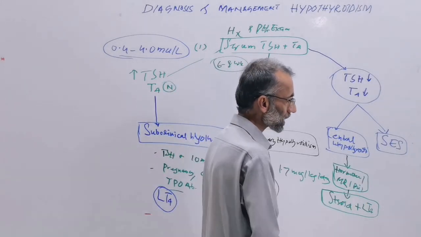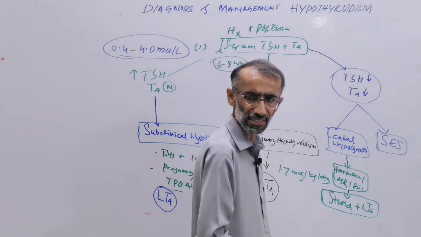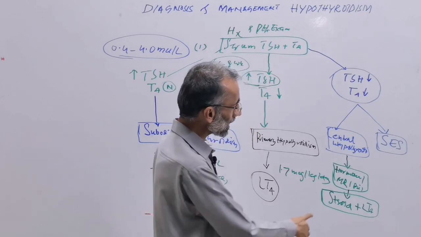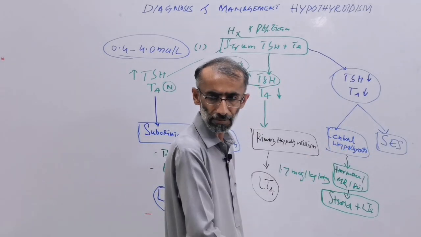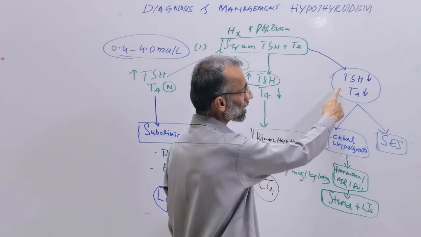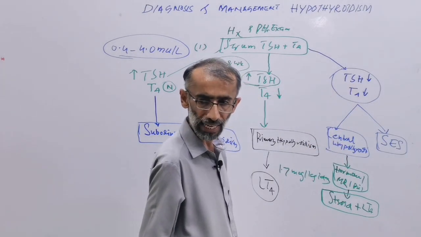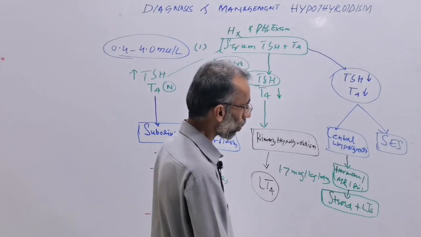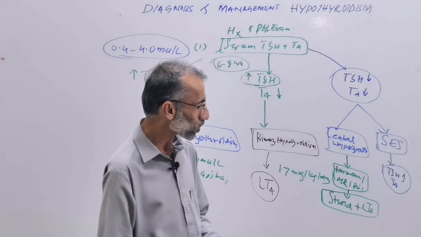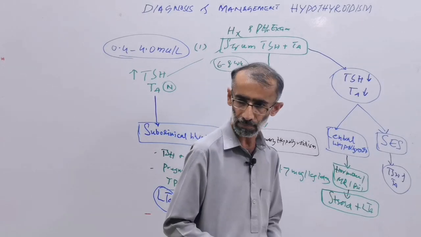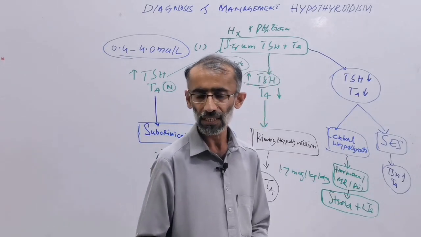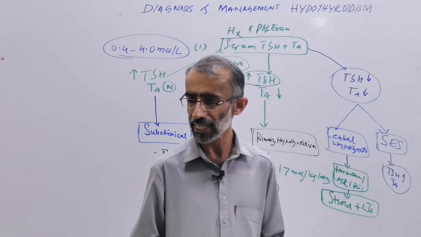And how do you treat sick euthyroid syndrome? Biochemically, it is similar to central hypothyroidism, characterized by low TSH and low T4. Would you like to treat it? No. You have to repeat TSH and T4 after 6 weeks following recovery from the illness.